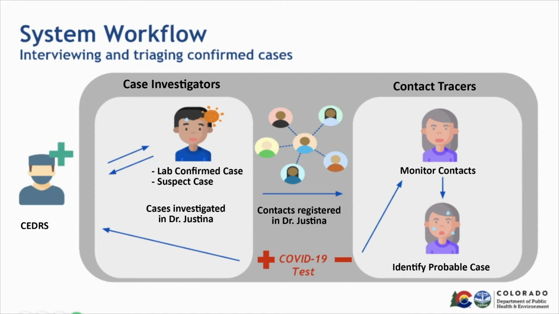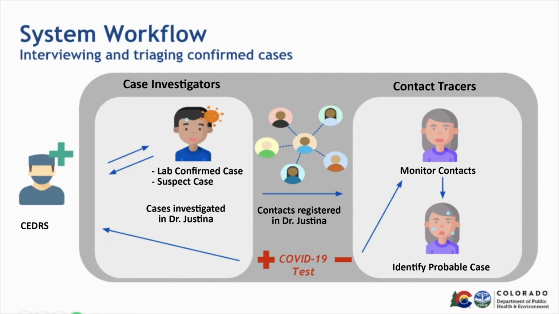In the middle of the visual, we have contacts that are registered within Dr. Justina. Both of these can be added from case investigators and contact tracers, which is why it's in between both of those user types. Contact tracers will monitor contacts and identify probable cases. When we have a probable case, we instruct them to go get a COVID-19 test, and if it is negative, the probable case will be turned back into a contact.